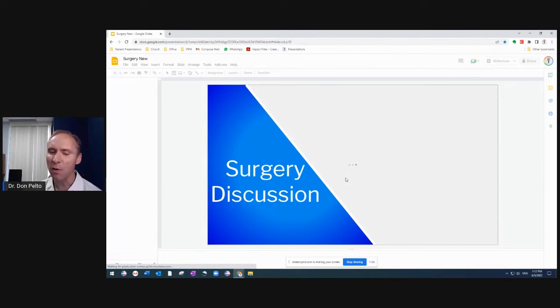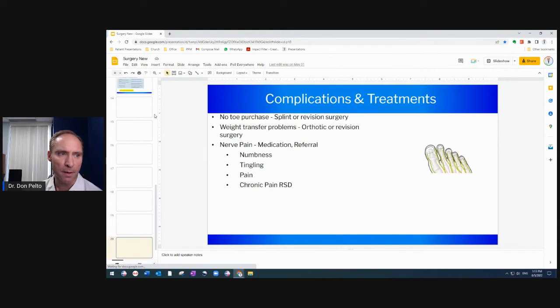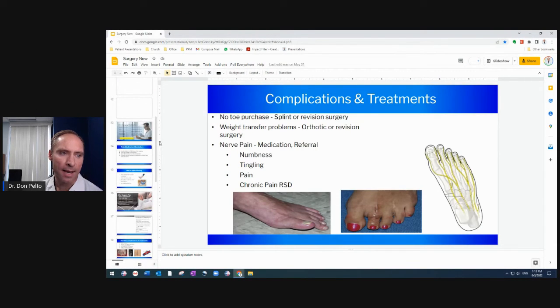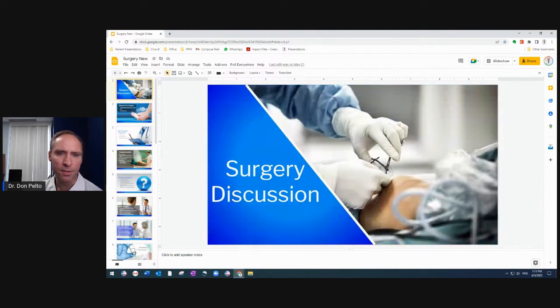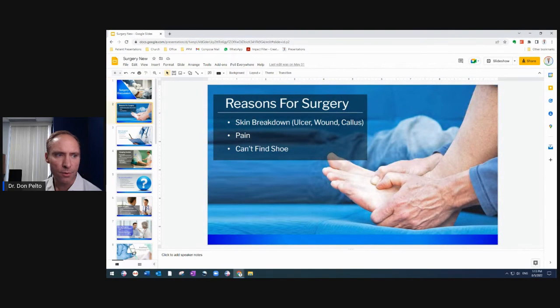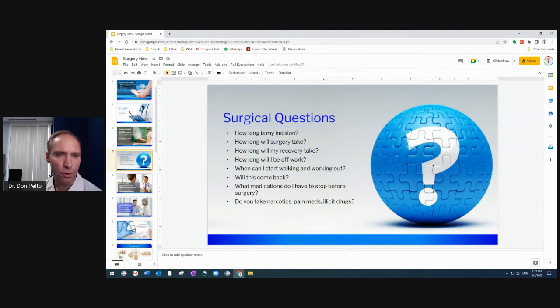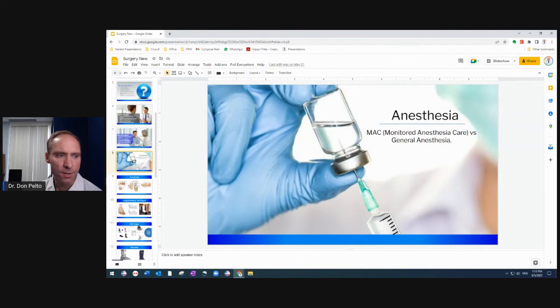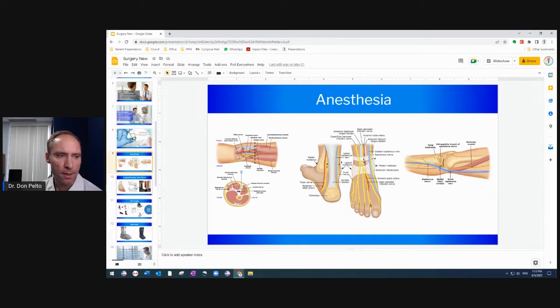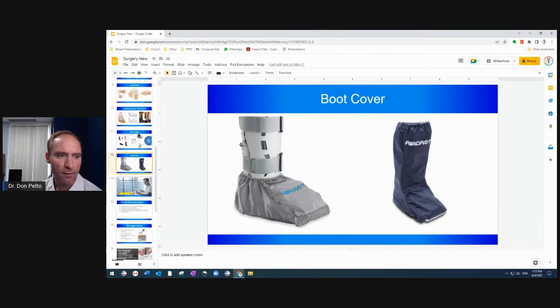Now, this isn't how it looked when I first started. It looked very rudimentary in the beginning. But this is the slide deck I currently use, and it takes about 10 minutes to do with patients. Basically, I go over the main reasons for surgery, non-surgical treatments, imaging studies, and surgical questions people might have before and during the surgery, anesthesia, where I'm going to do the local, surgical dressings, and after surgery what they need, like a boot cover.